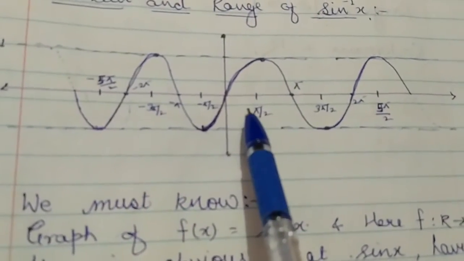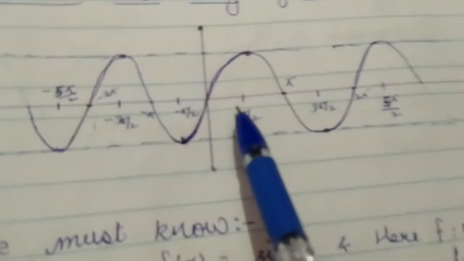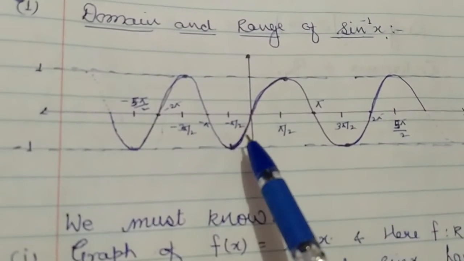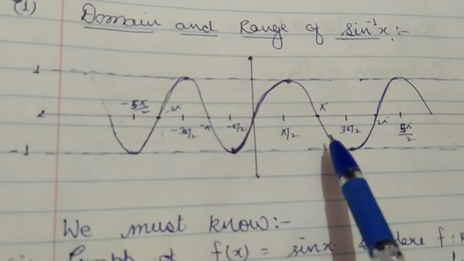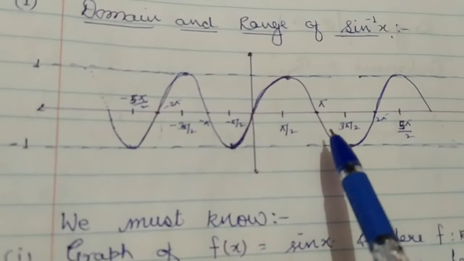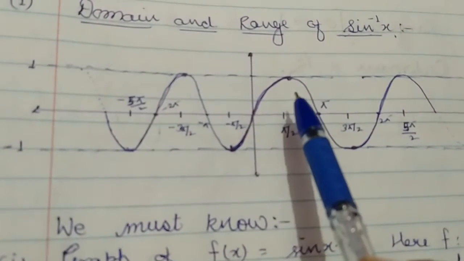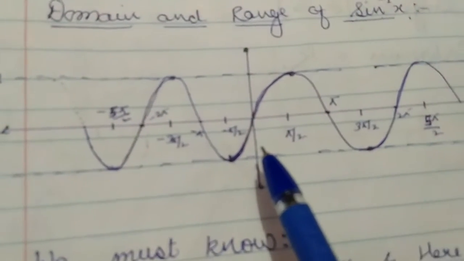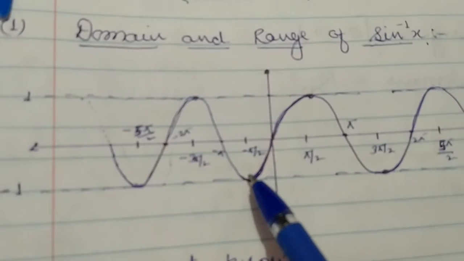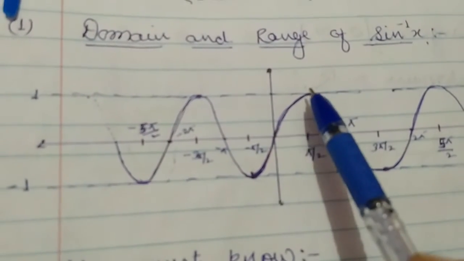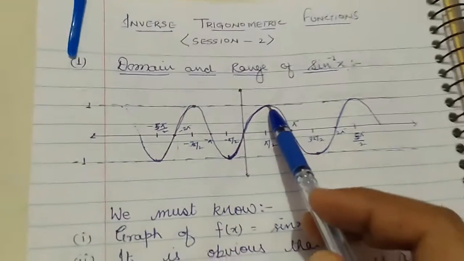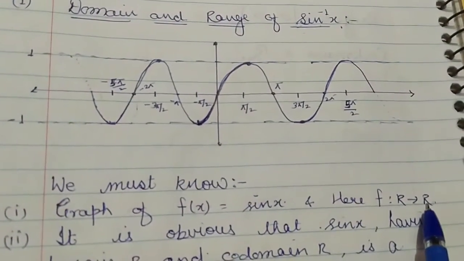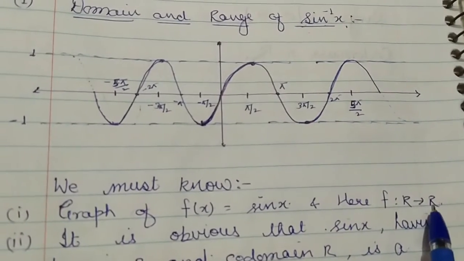From this graph, we can say that the function sin x is a many-one function, and it is evident from this graph that it is also an into function, because the range of this function is -1 to +1, but the codomain of this function is the set of real numbers.